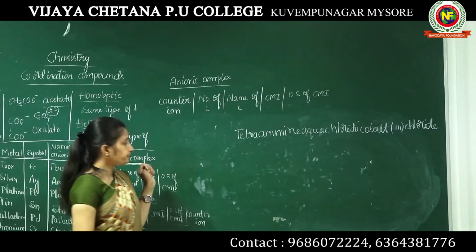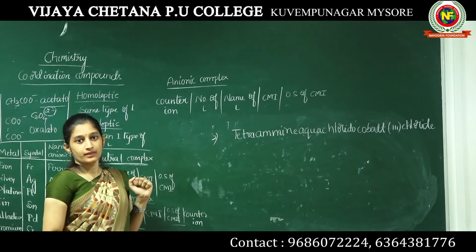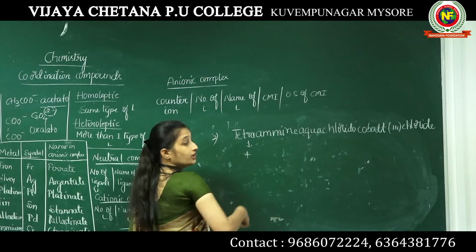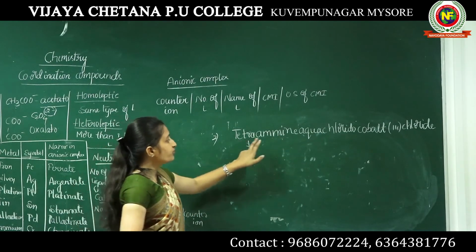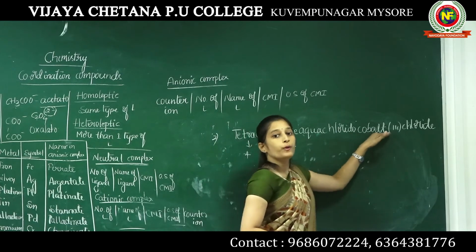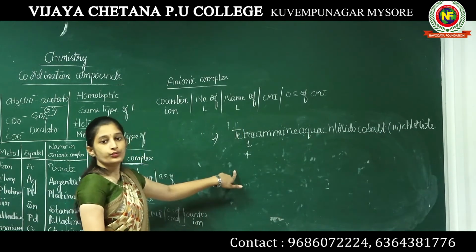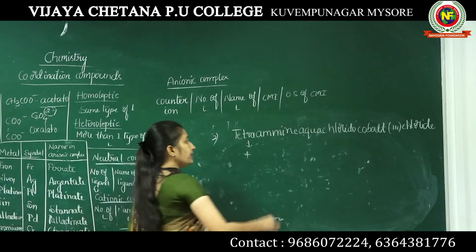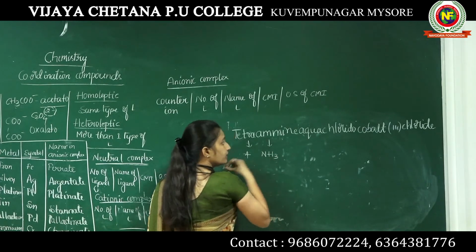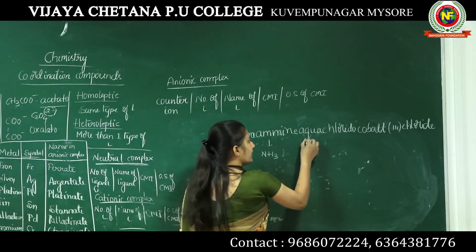Next example. See, it looks a little bit big, but too easy. Tetra means 4. First I will read the name. Tetraamine aqua chlorido cobalt 3 chloride. See, tetra means 4. Amine means NH3. Aqua means water, H2O.